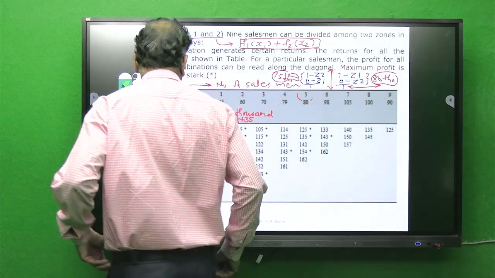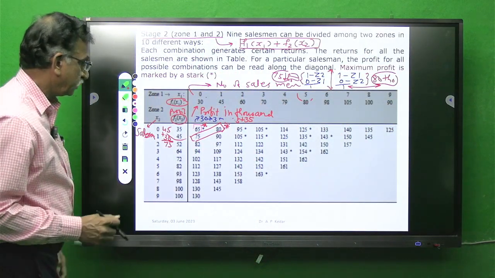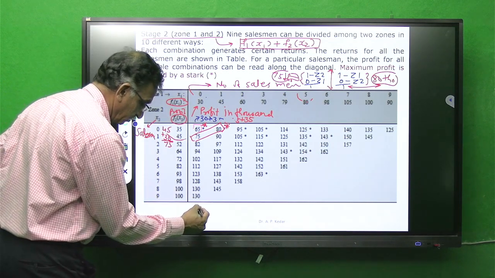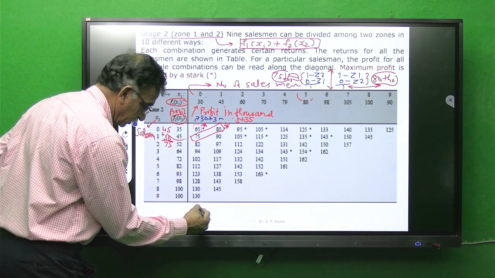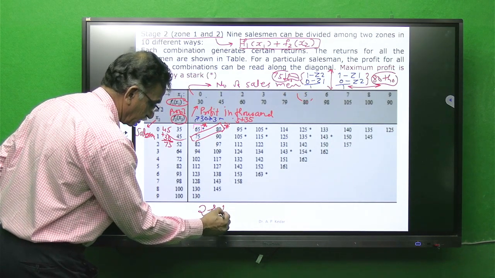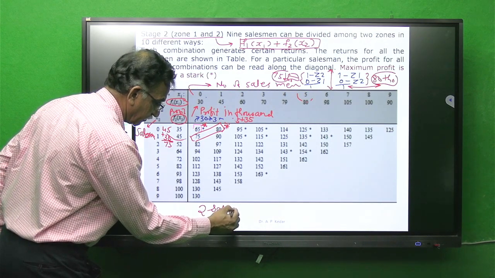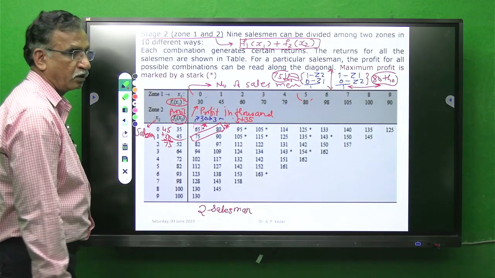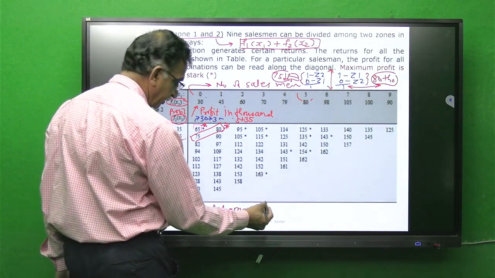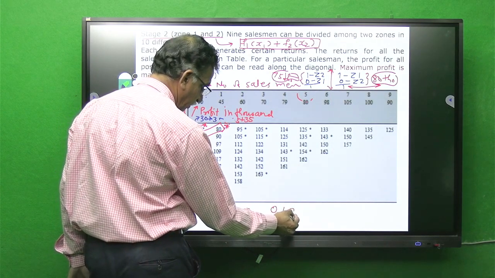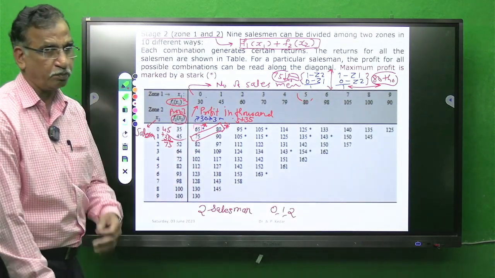Now let's again see with one example. Suppose I have decided to depute two salesmen. So the option will be either 0 or 1 or 2 in combination.